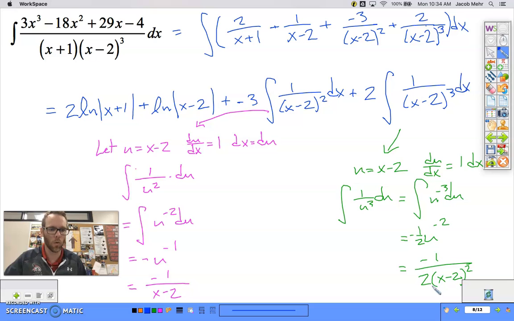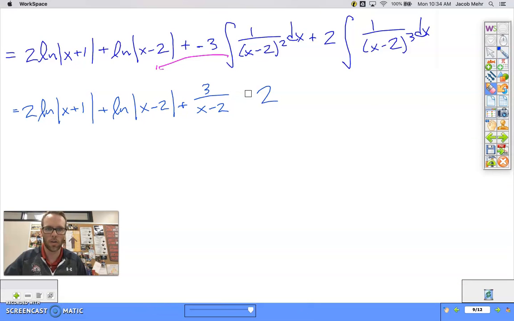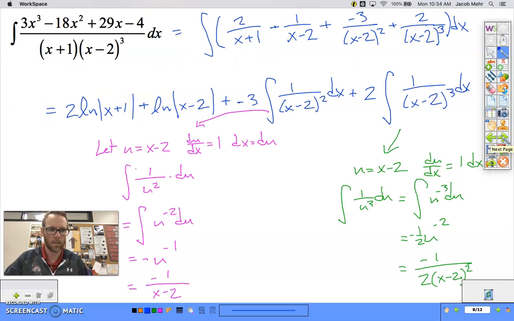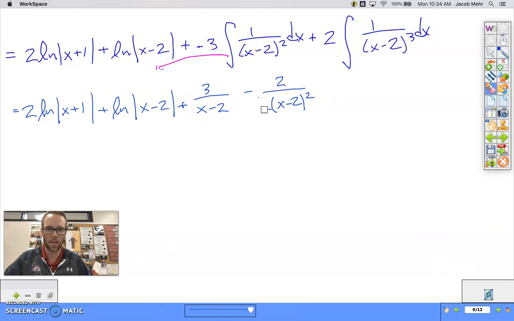There we go, negative 1 over 2 times x minus 2 squared. So I'm going to change this to be a minus 2 over 2 times x minus 2 squared. Is that right? Yep. The 2's then cancel.